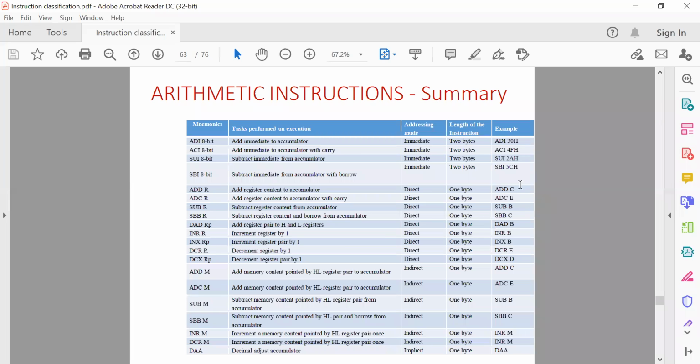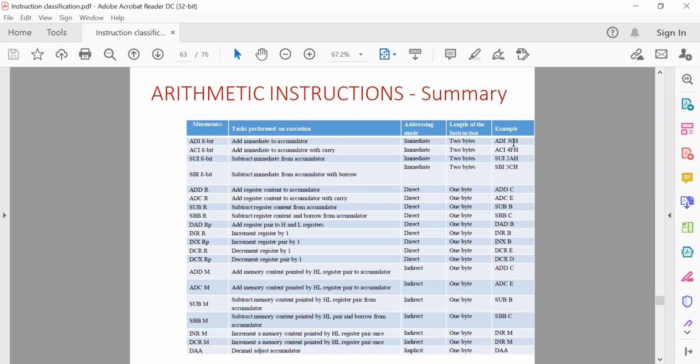Now if you want to add a particular data, suppose I want to add 30, here it is given as ADI. ADI 30 means that particular data 30 will be added to the accumulator content. If you want to add a specific data to the accumulator, you can use this ADI instruction.